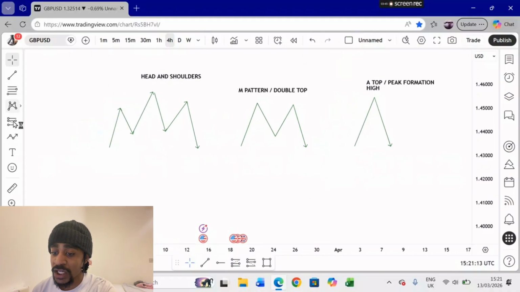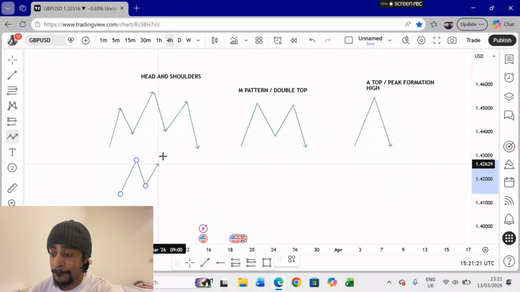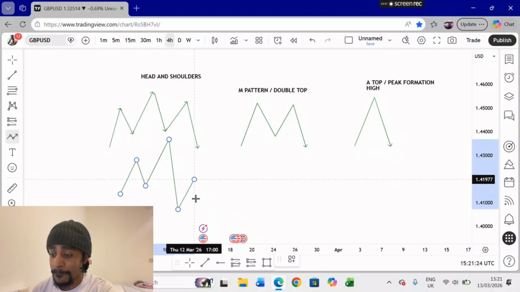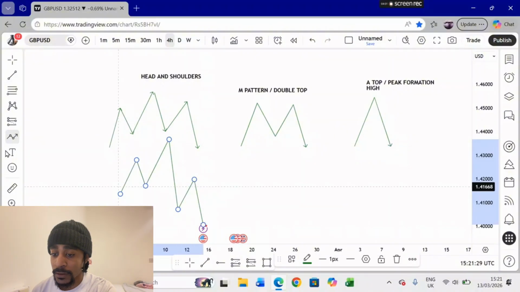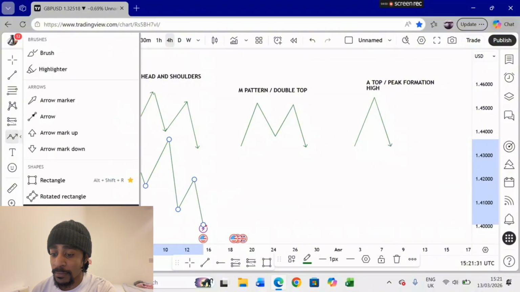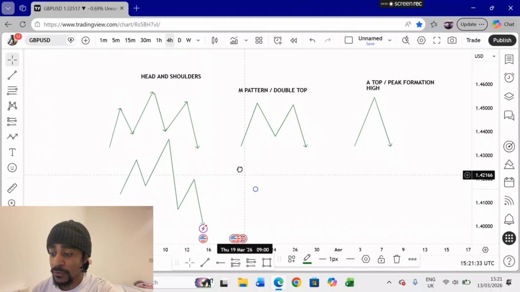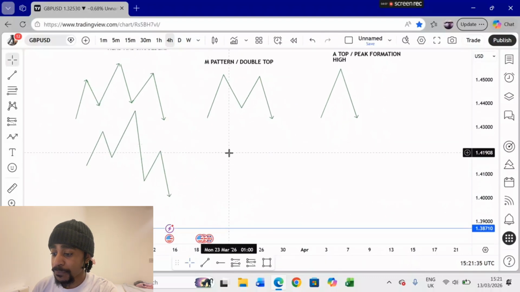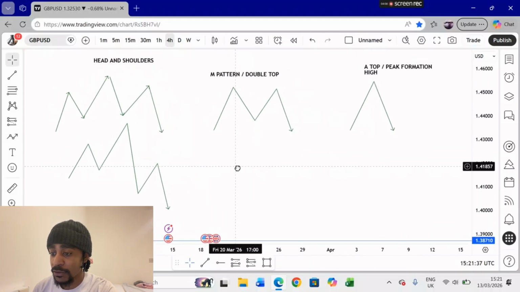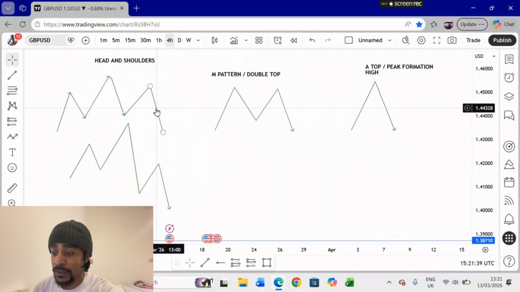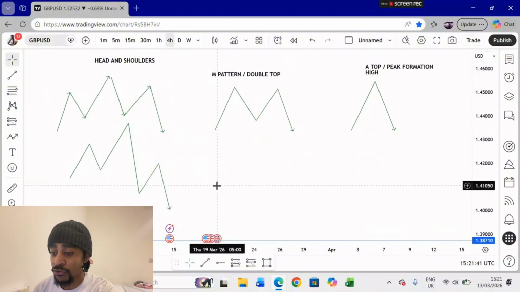Now, I just want to redraw the head and shoulders pattern because what it mainly looks like is something like this. There we go. That way I can get a better view of it. So that's what the head and shoulders pattern mainly looks like. Forget this top one that I've drawn out.